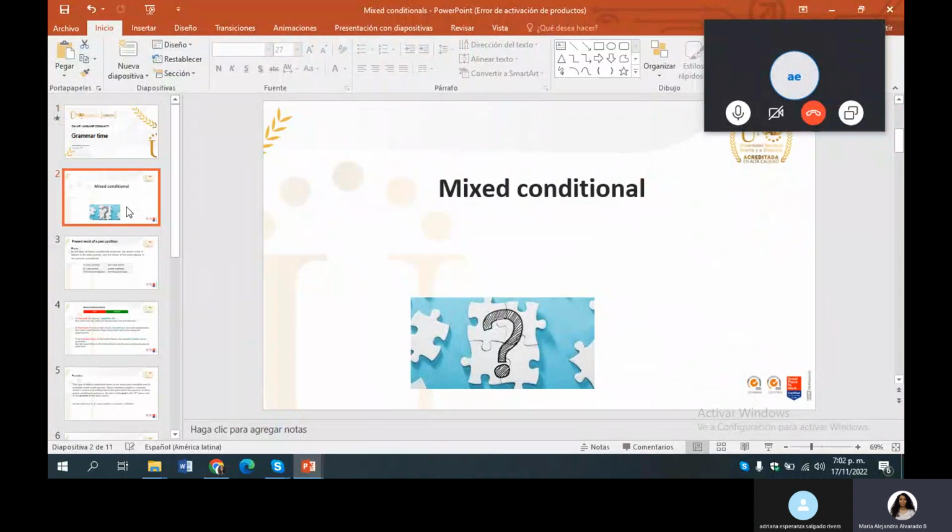I would like to know if you have knowledge about it, or if it is necessary to review this information, because if you don't remember, I don't have any problem doing a review about this topic, because in order to do the mixed conditional, we need all those conditionals that I already mentioned. I mean, the second and the third conditional. So let's do it. I'm going to do it because it's important to be clear in this part.